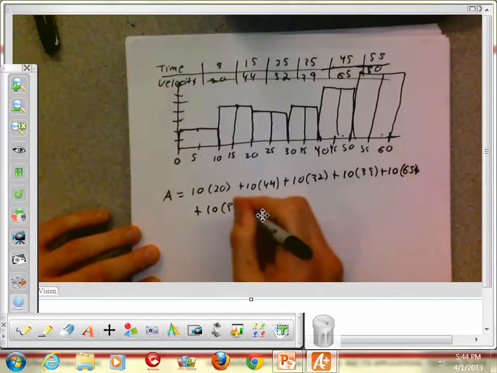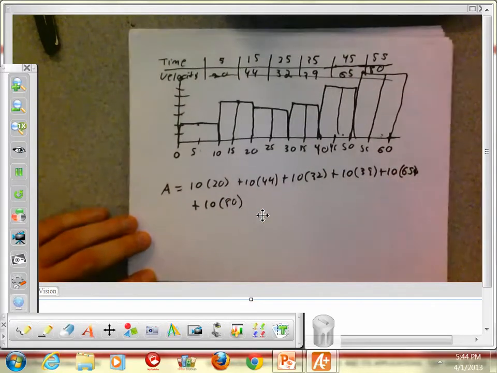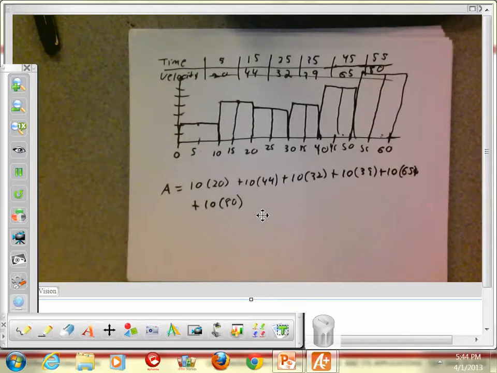80, right? So if I have this right over here, notice the way we're doing it in this section, now in reality you don't have to have all the rectangles have the same base. You don't even have to use rectangles. But these all have a base of 10.